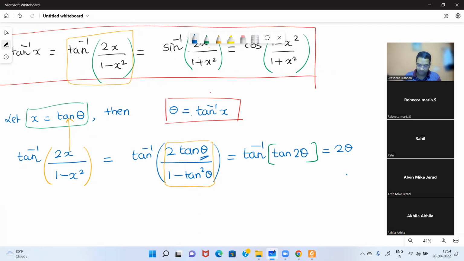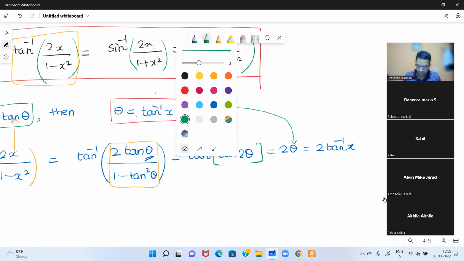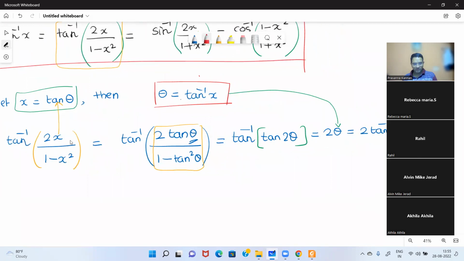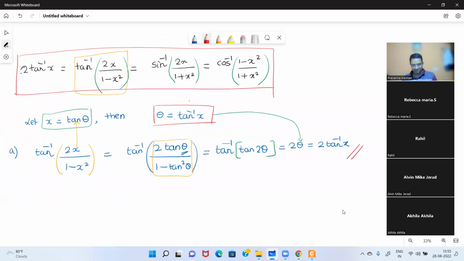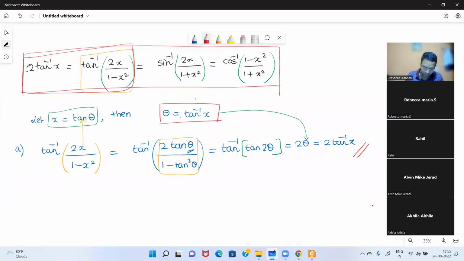But what is theta? Tan inverse x. So this equals 2 tan inverse x. We have proved the first part: tan inverse of 2x by 1 minus x square is 2 tan inverse x. Have we proved this or not? Yes, sir.